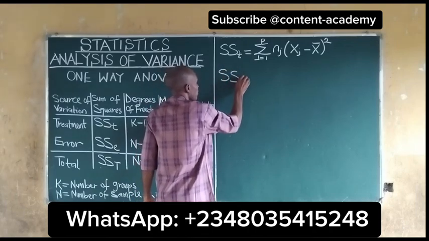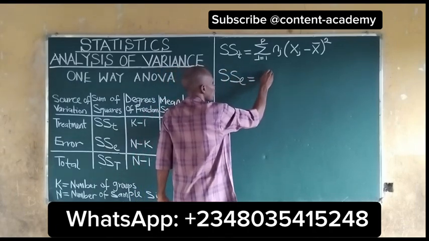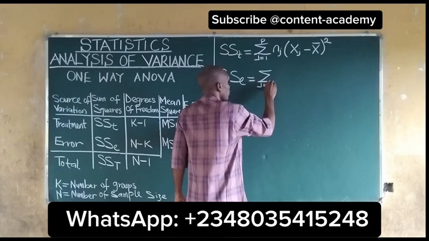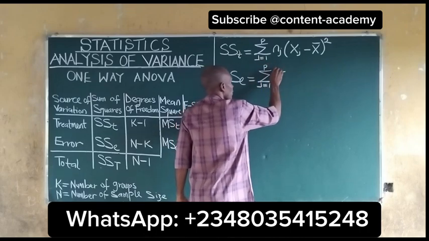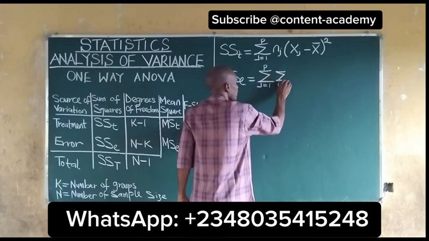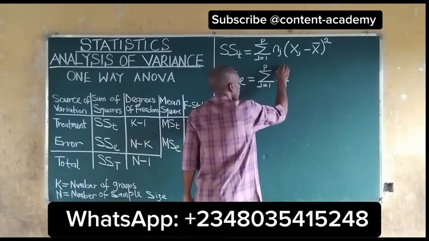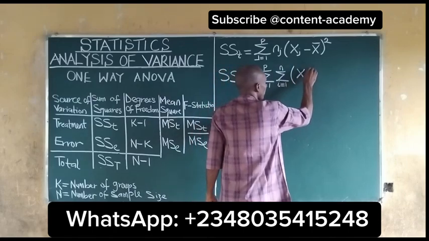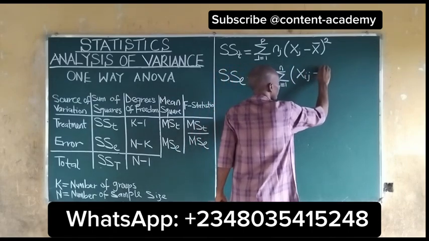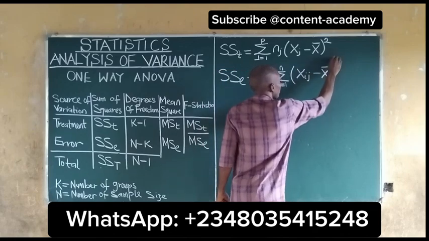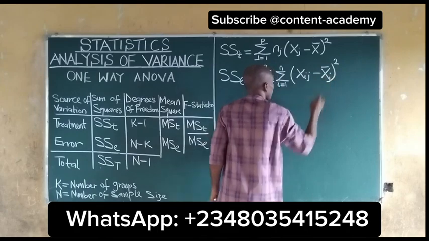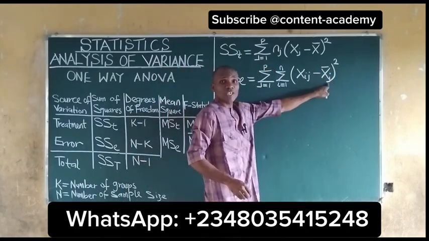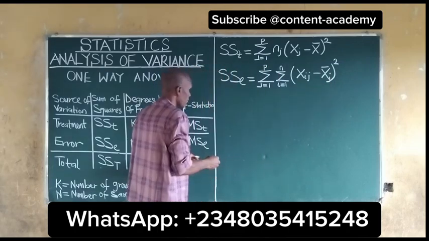The sum of square error can be calculated as the summation of j running from 1 to k, summation of i running from 1 to nj, of xij minus xj bar, squared. This time the mean is just the group mean. That is how it is calculated.